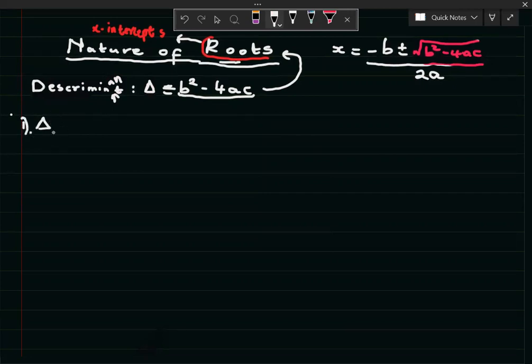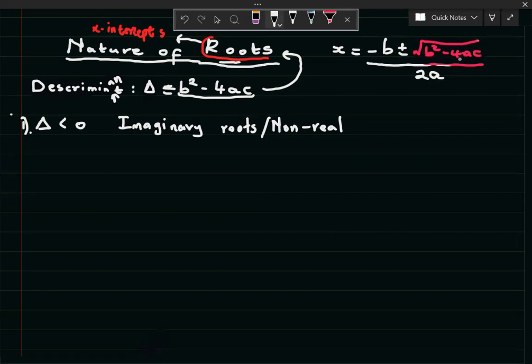The first case: if the discriminant is less than 0, meaning negative, our roots are going to be imaginary. What I mean is, if you have a negative number inside the square root, your roots are non-real, because we cannot have a square root of a negative number.